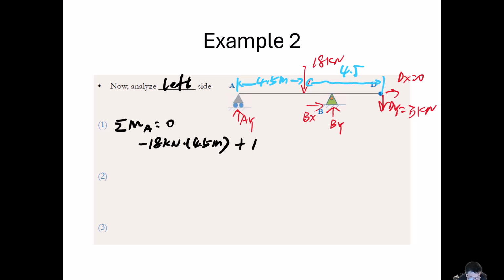By is counterclockwise, which is positive, times 6, and minus dy, which is clockwise, which should be negative, equals 0. And we can solve By equals 18 kilonewton.